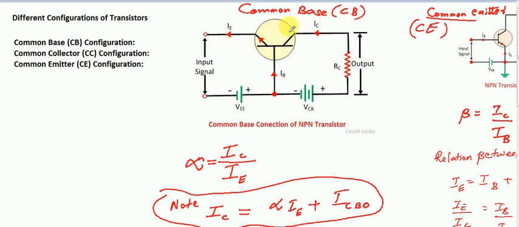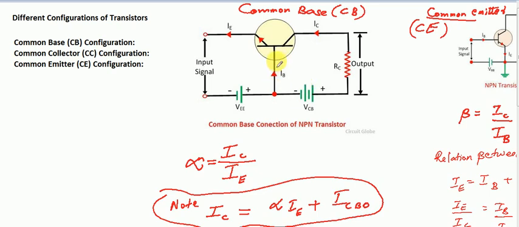This is an NPN transistor. We learned about NPN and PNP transistors in the last module, and we are explaining this on the basis of an NPN transistor. Similarly, you can write for a PNP transistor also. Only thing is that you have to change the direction of current and reverse the direction of the batteries also. So this is an NPN transistor shown here in its common base configuration.